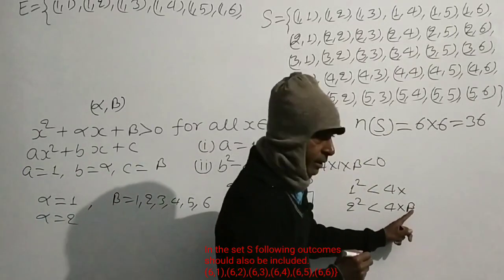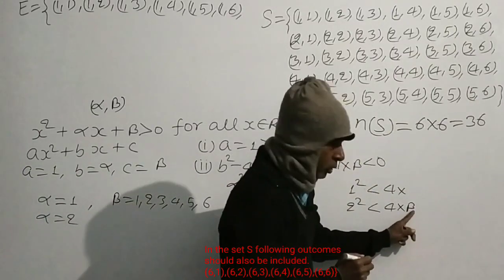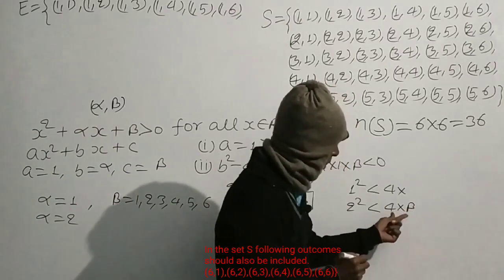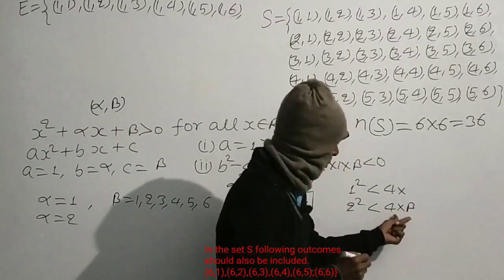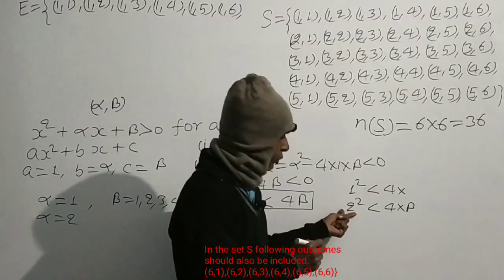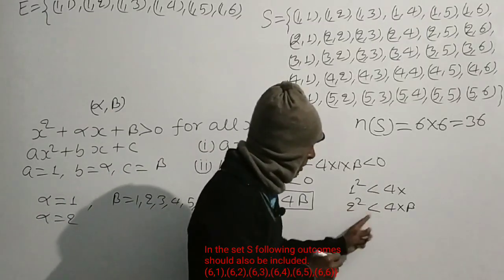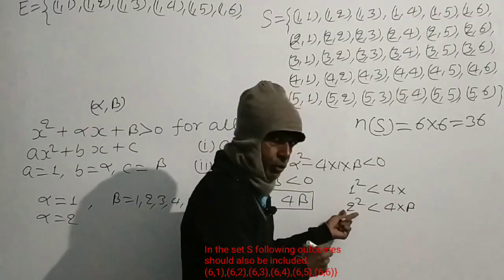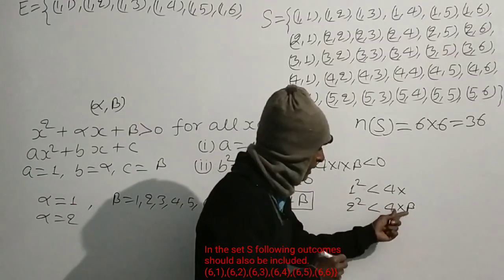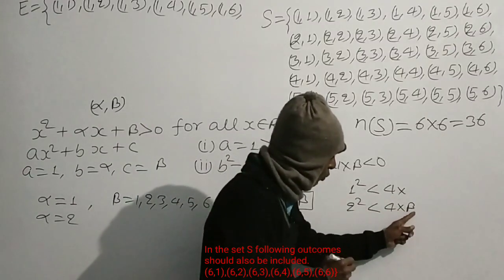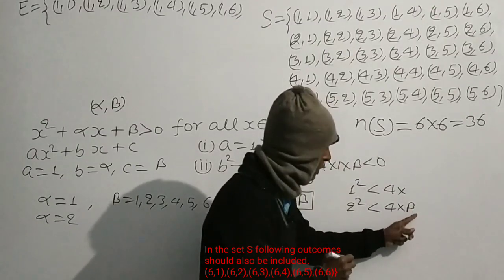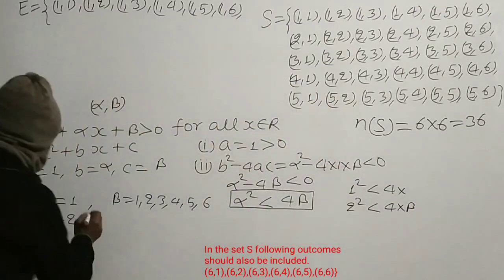We can write 2, not 1. When we write 1, this becomes 4 times 1, 4, and LHS is also 4. Then two sides will be equal, but the left side should be less than the right side. Therefore, we will write 2 or 3 or 4 or 5 or 6 in place of beta.